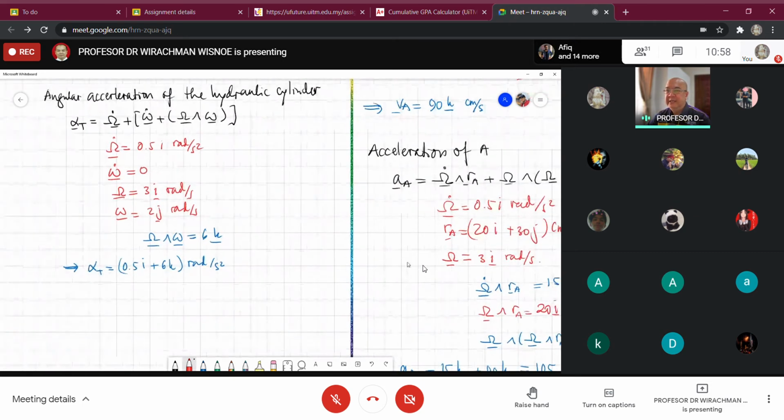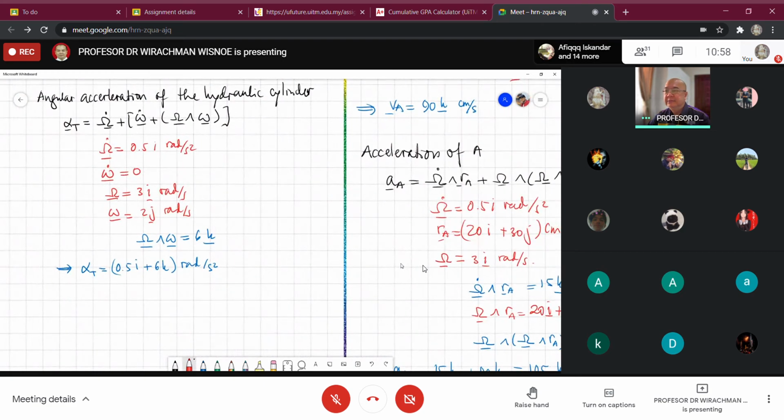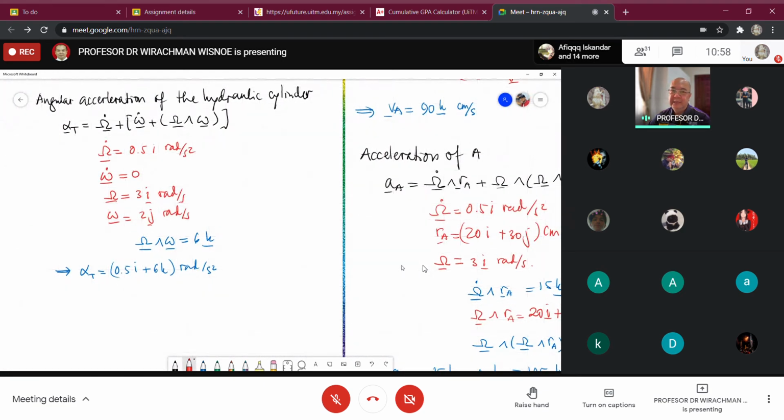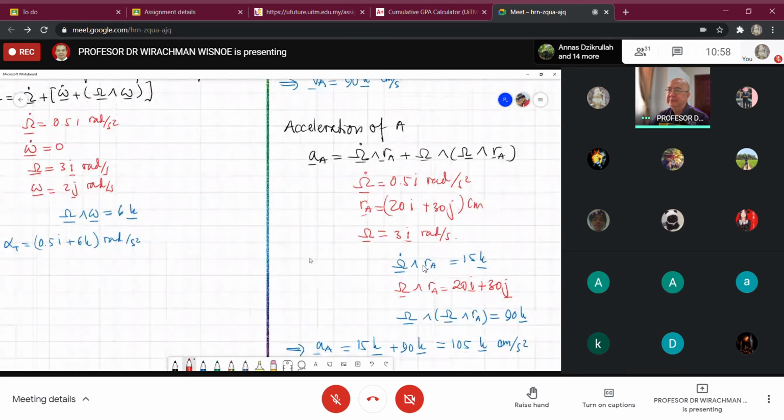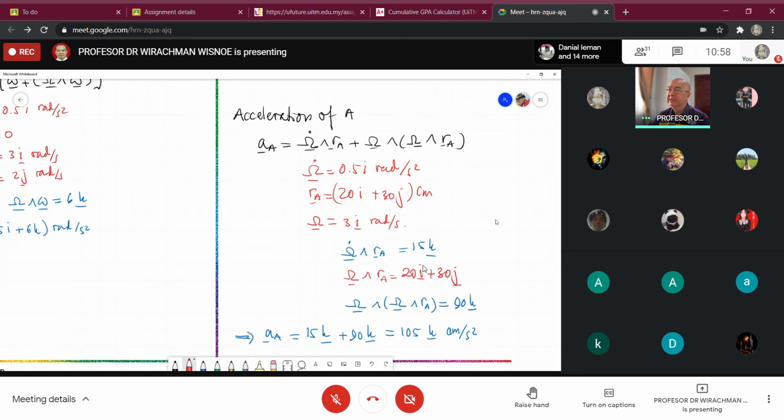Rarely we make mistakes in the addition and subtraction, but we make mistakes in cross product, multiplication, division, especially cross product.